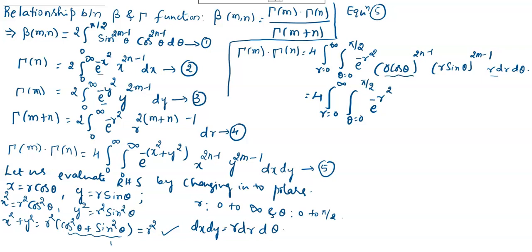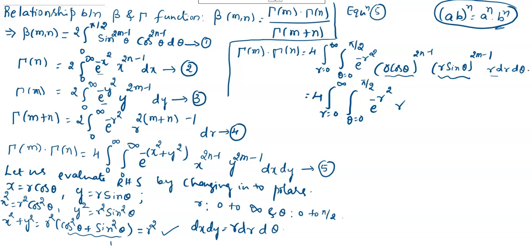So here we can split, using the law of indices: a into b whole to the power of n means a to the power of n into b to the power of n. In the same concept we are going to adopt in these respective terms. So here r to the power of 2n minus 1, here r to the power of 2m minus 1, and here we have r power 1.